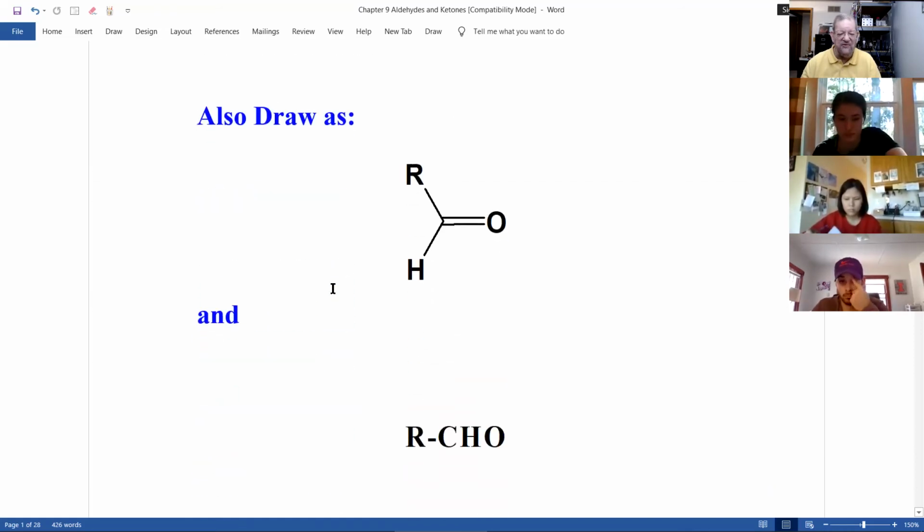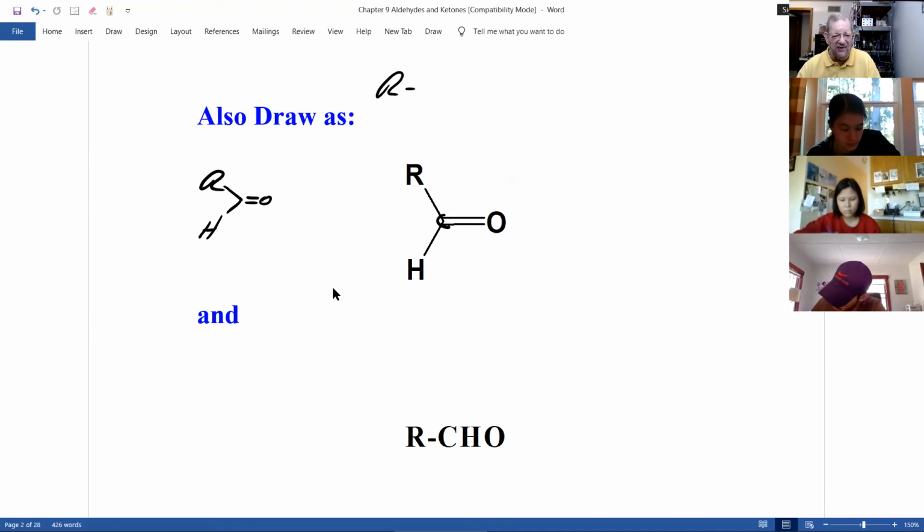Now, there are other ways you can write an aldehyde. One is where you don't show this carbon right here. And if I were talking to my colleagues, this is the same as drawing this molecule. But I try and stay away from this because it's better for you, but once in a while it slips out.